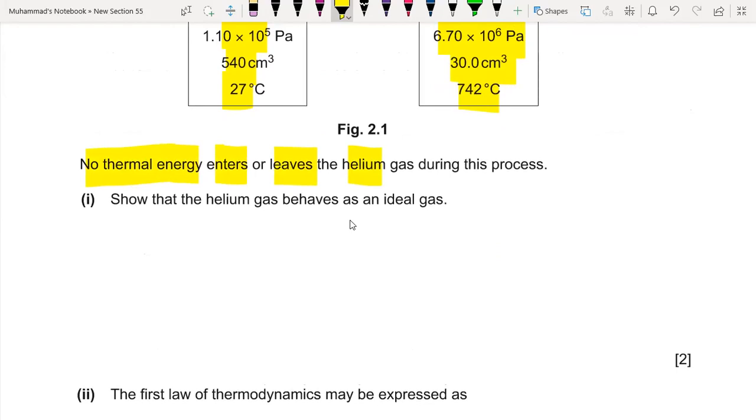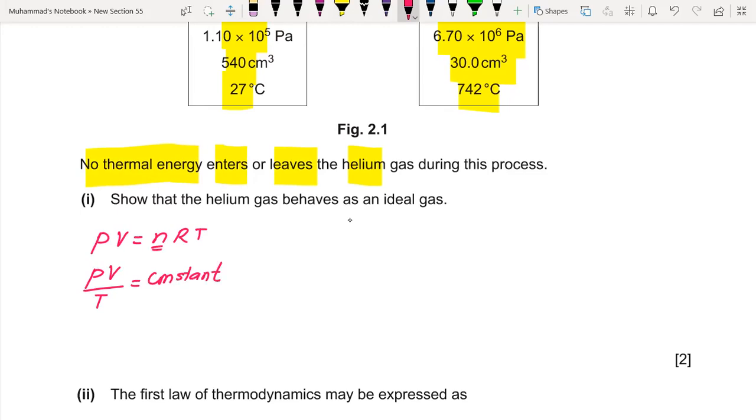How would you prove this? We have to prove that this is an ideal gas. So obviously, if this is an ideal gas, then it should follow or satisfy the ideal gas equation. What is the ideal gas equation? PV is nRT. So if this is an ideal gas, then PV over T should be constant.